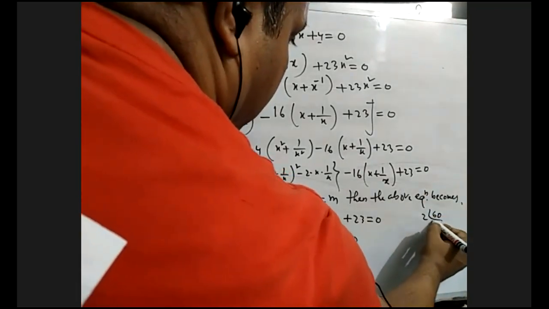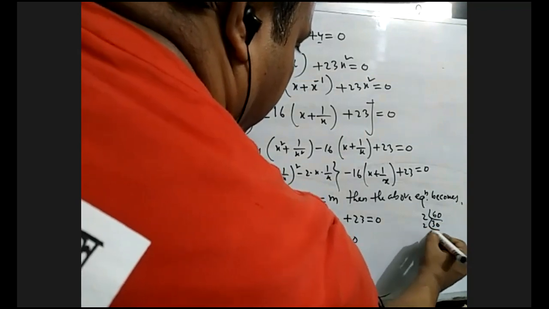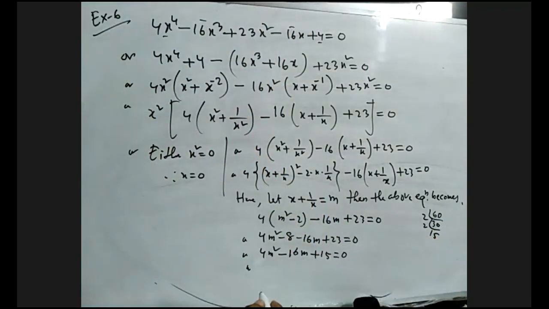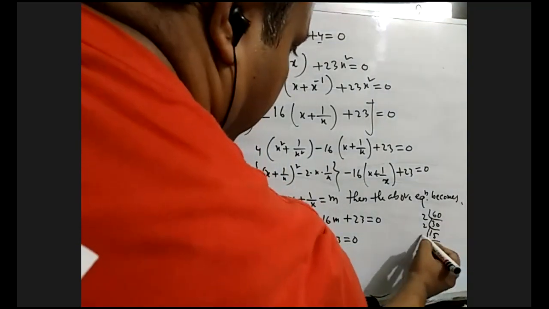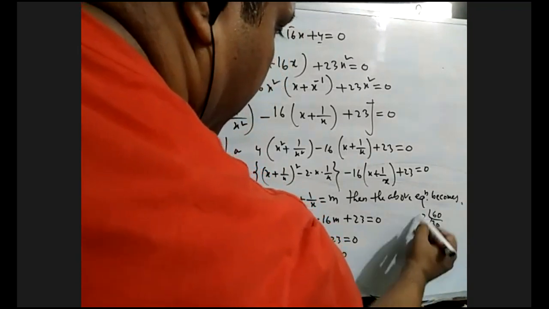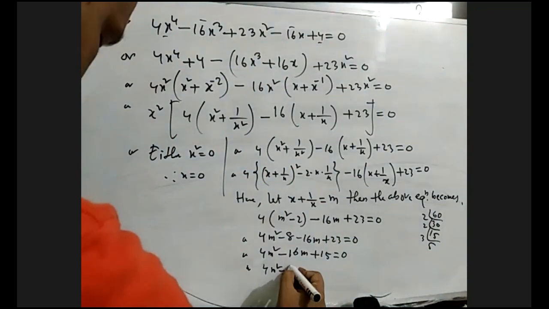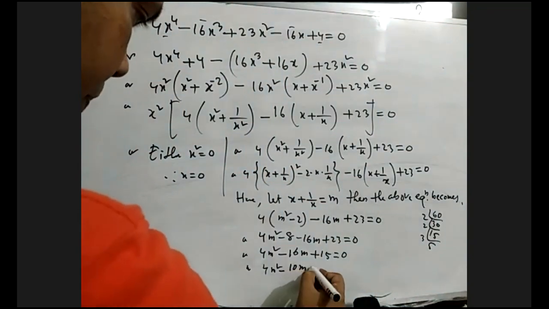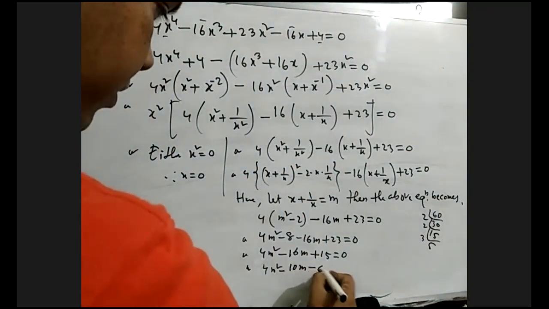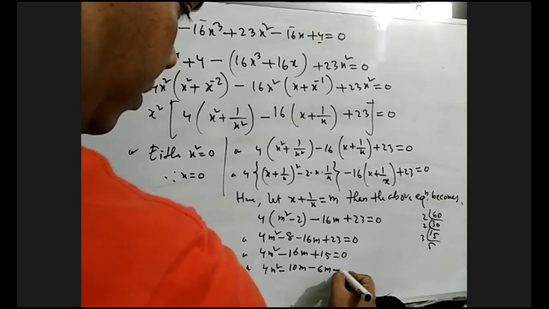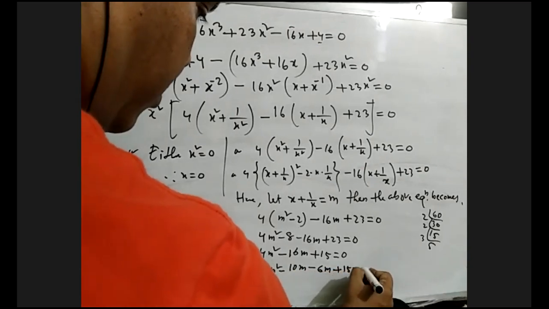So we can write 6 and 10, 3 5s are 15, 2 3s are 6, 2 5s are 10. That means we can write 4m square minus 10m minus 6m plus 15 equals to 0.